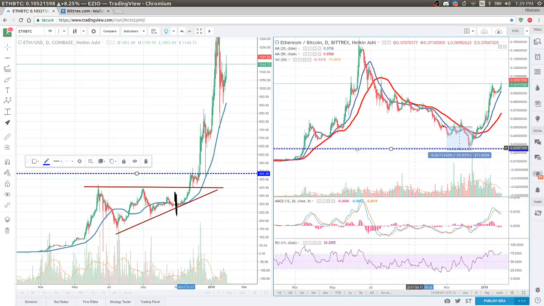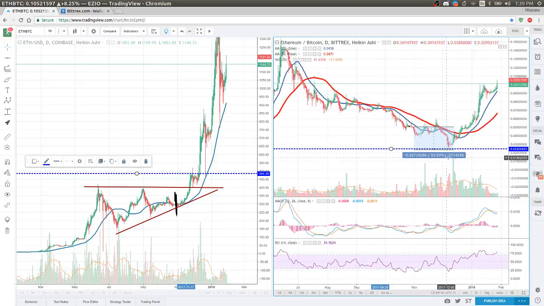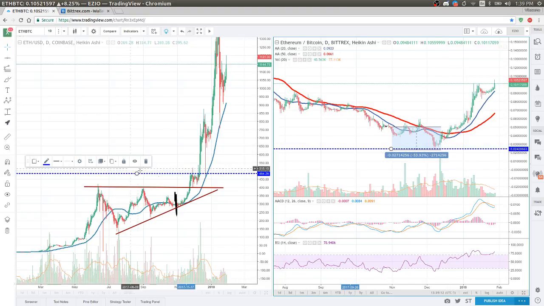Probably almost 100% retracement. So you wouldn't buy Ethereum here because it's at an all-time high, right? And you're like, why should I buy Ethereum? It's the high. But here, in BTC, you would buy Ethereum because it's at an all-time low.